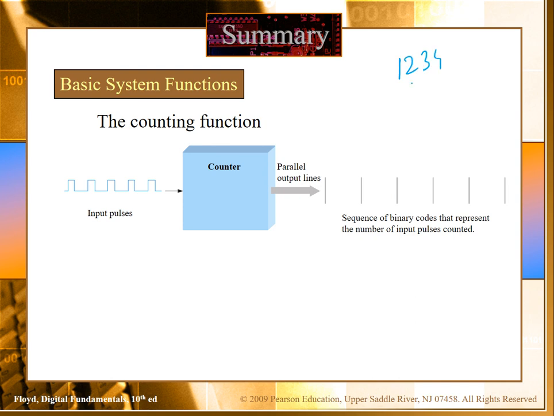So basically this counting, this addition from 1 to 2, 2 to 3, 3 to 4, is actually happening at the edges of the input pulses. For example, in the first cycle, it is counting as 1. In the second cycle, it is counting as 2. For the third cycle, it will count as 3. For the fourth cycle, it will count as 4, and so on. So this is called the counting function.